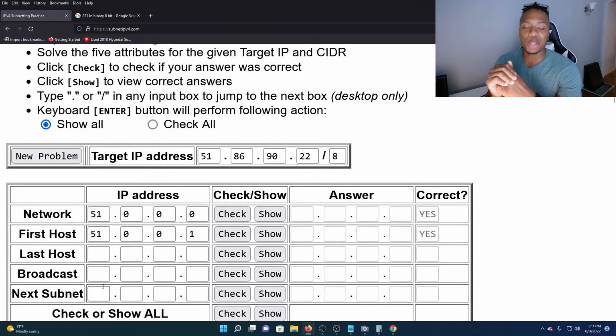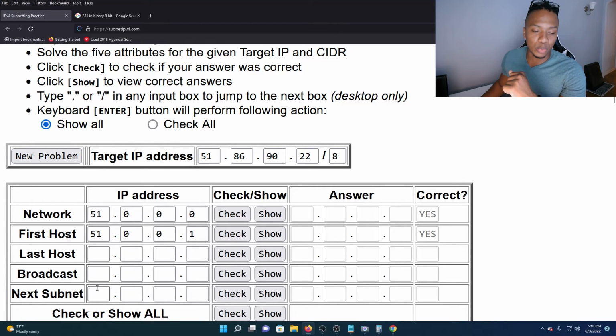Next subnet. So what is the magic number? Okay, /8 might be a little too easy just because it falls perfectly, kind of like a /24 or a /16. We don't have to do too much math. So maybe I'll do one more after this, maybe like a /10.